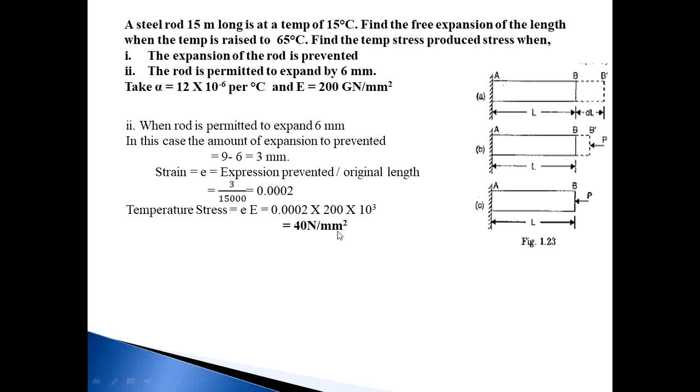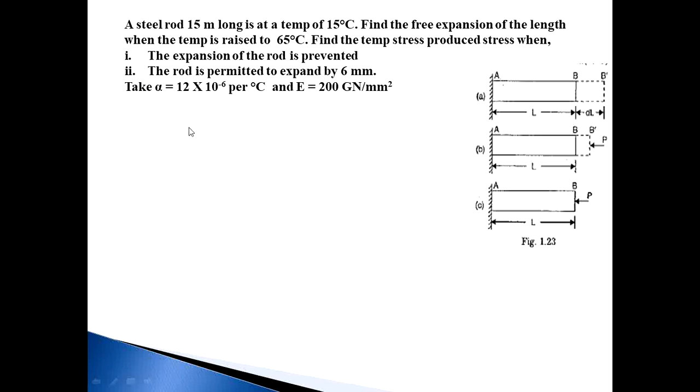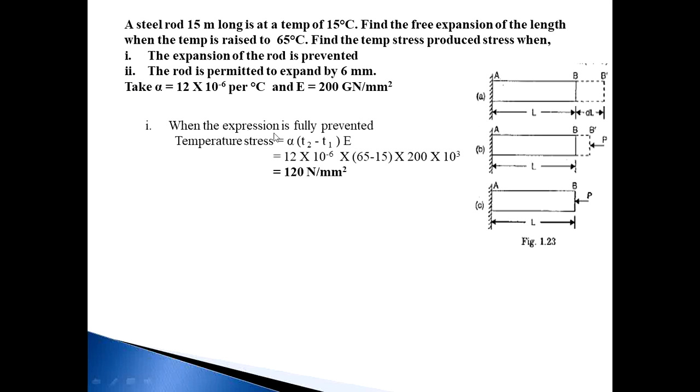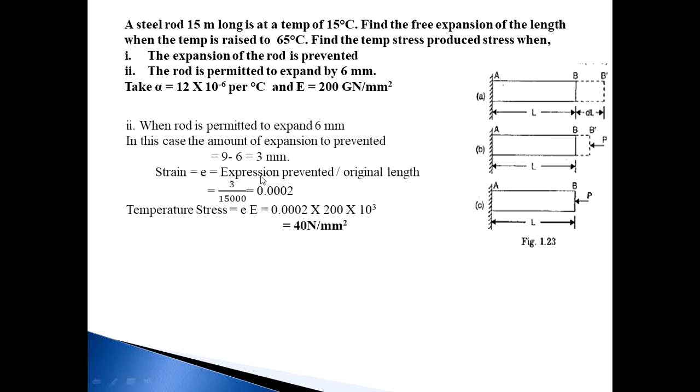See the difference between determination 1 and determination 2. In determination 1, the total expansion is prevented, meaning the whole 9 mm is prevented, so that time the stress is 120 Newton per mm square. In the second case, the expansion prevented is only 3 mm, so the temperature stress is reduced to 40 Newton per mm square.